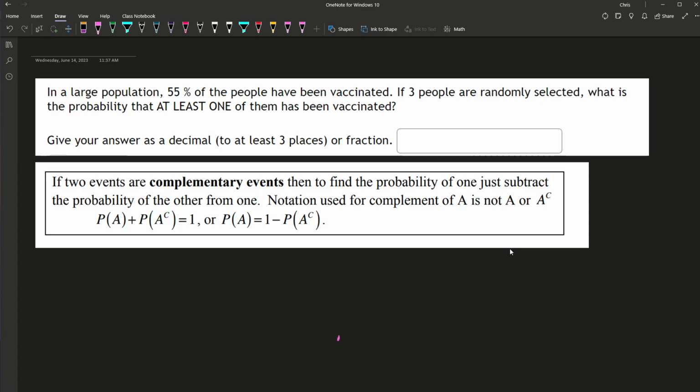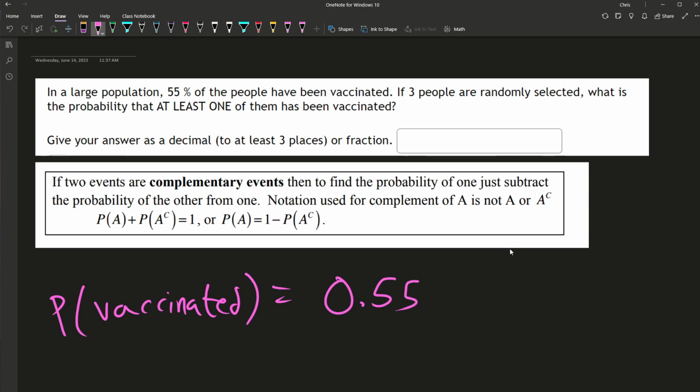So in this case, I know that if the probability of vaccinated is 0.55, the probability of not vaccinated is 0.45.